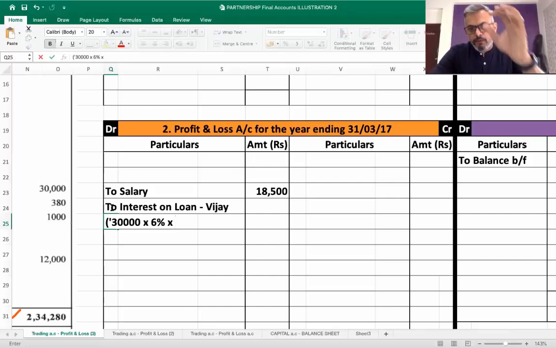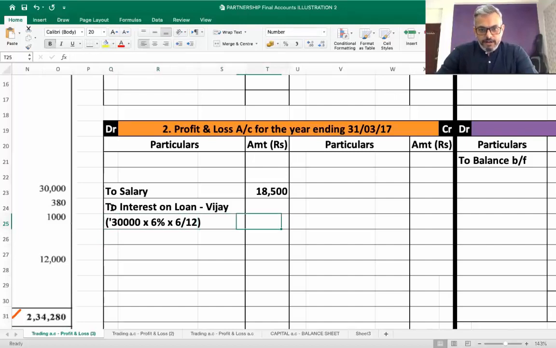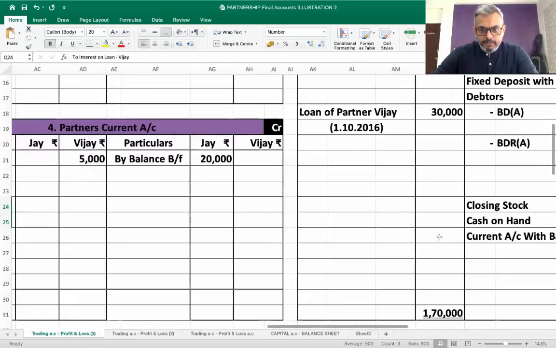October, November, December, January, February and March. So 6 months. So into 6 divide by 12. So how much the amount comes to? 900. We give the second effect.